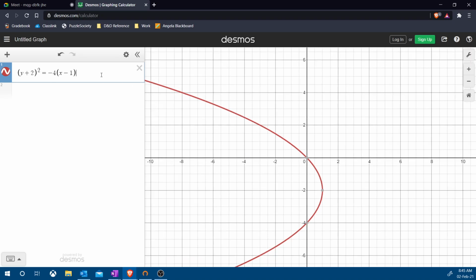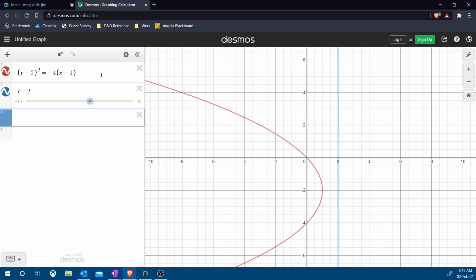Let's also put in my directrix, which I said was x equals 2. That looks so far so good. And I'm also going to do my line of symmetry, y equals -2. So far so good. The directrix looks good, the line of symmetry looks good.